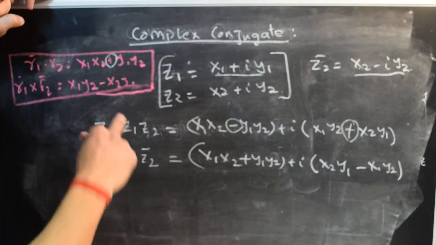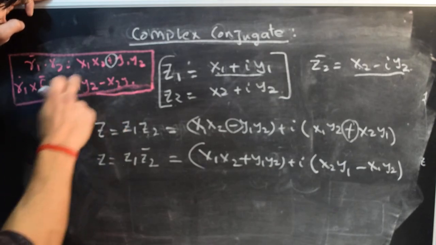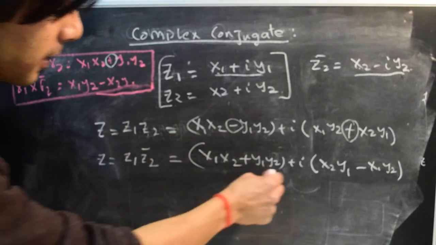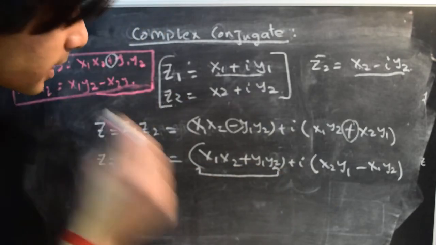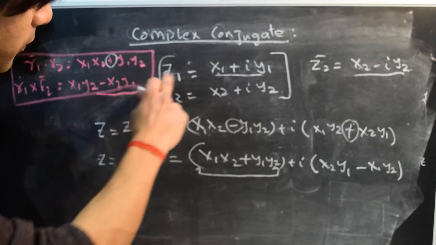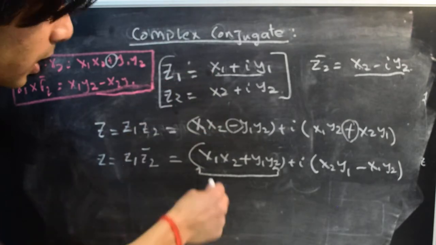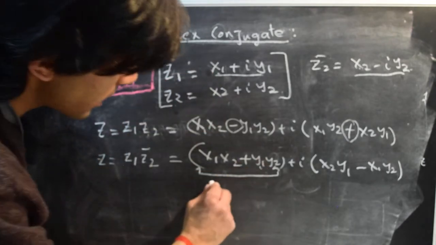Now you see that if we compare this with the scalar product, the real part of the complex product is actually the scalar product of the vectors associated with z1 and z2. So we have x1, x2 plus y1, y2, and that's the scalar product.